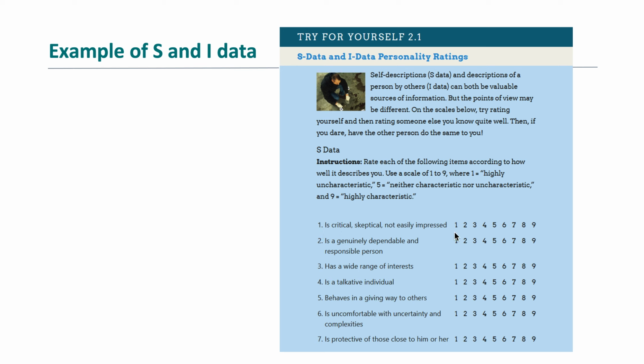So I can ask you, hey, are you critical, are you skeptical, or easily impressed? Where are you on a scale of 1 to 9, right? Or I could go up to your parent or guardian and say, hey, is your kid skeptical, critical, or easily impressed? Just as easily, and ask them the same way, which is really nice, especially for gathering data, because you can modify and still get nice personality ratings in this way.